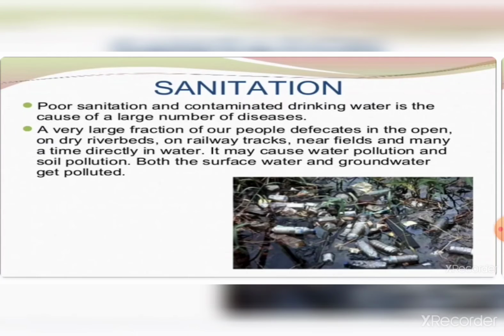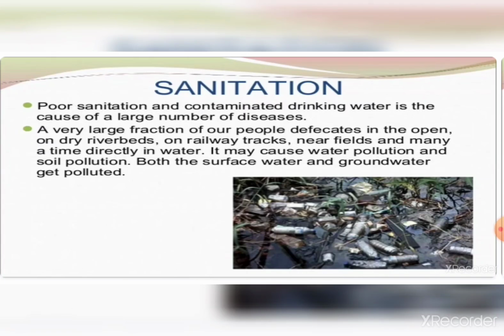Let's know about sanitation. Poor sanitation and contaminated drinking water is the cause of a large number of diseases. A very large fraction of our people defecates in the open, on dry riverbeds, on railway tracks, near fields, and many a time directly in the water.